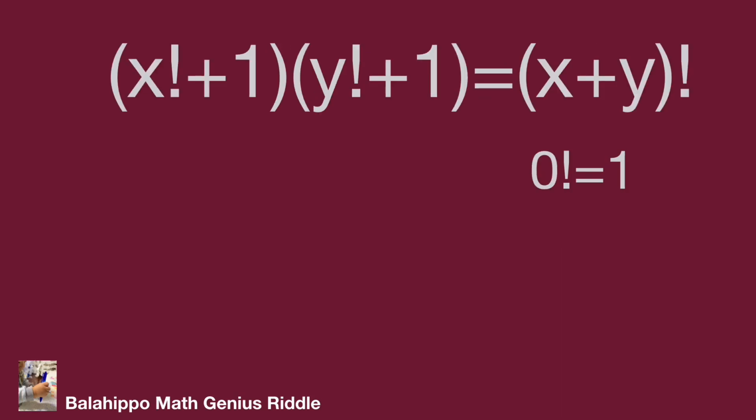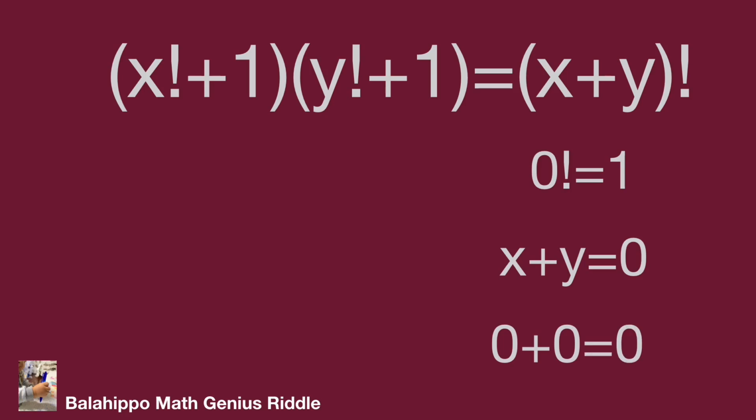While 0 factorial equals 1, then x plus y equals 0. The only condition is 0 plus 0 equals 0, x equals 0, y equals 0. Then substitute x and y by 0 into the equation.